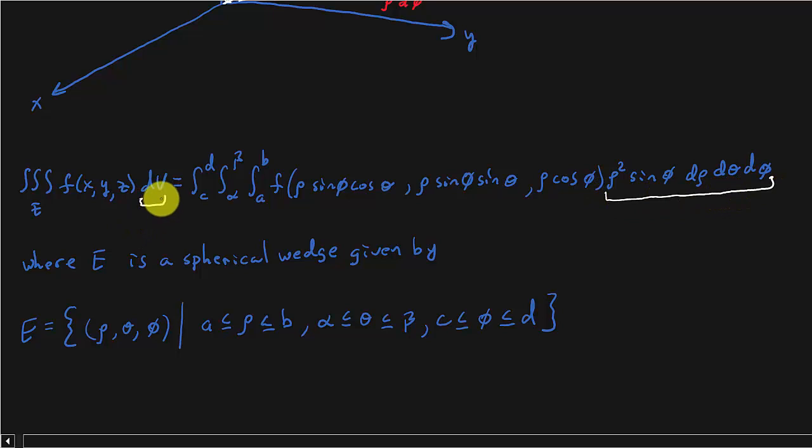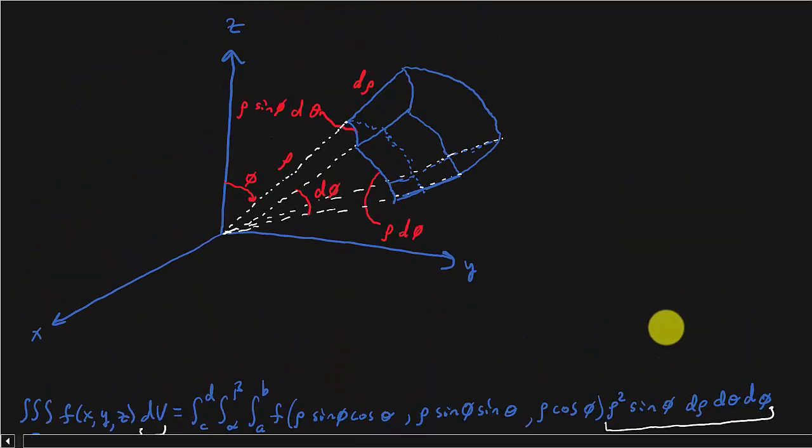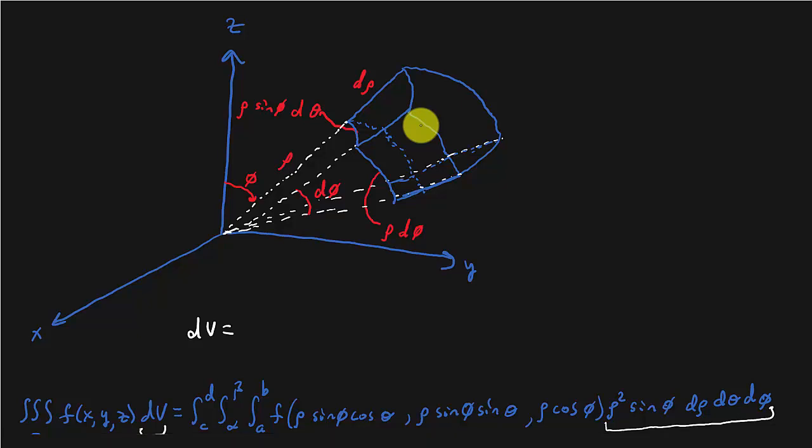Let's talk a minute about this dv. I went ahead and drew the picture because I'm horrible at drawing these things. We can see dv, this volume here, this little cube-like thing. What's the volume of this thing?